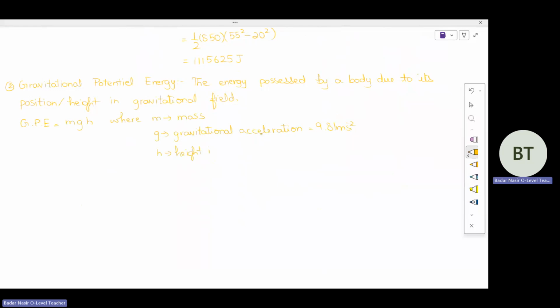And we take the height in meters. Mass should be in kilograms. Okay, so this is the formula to calculate the gravitational potential energy.